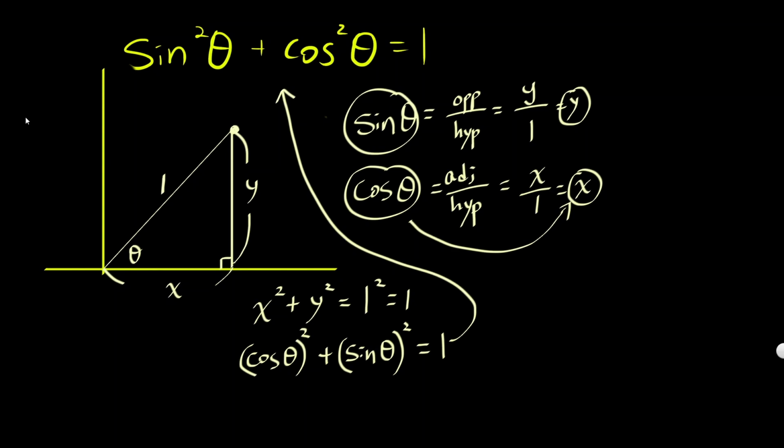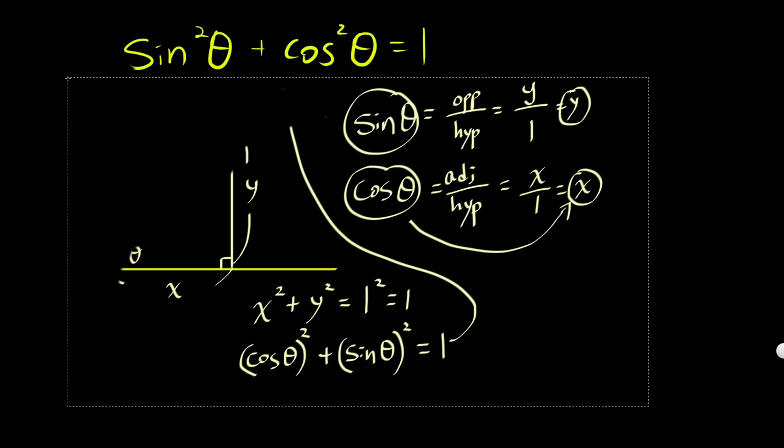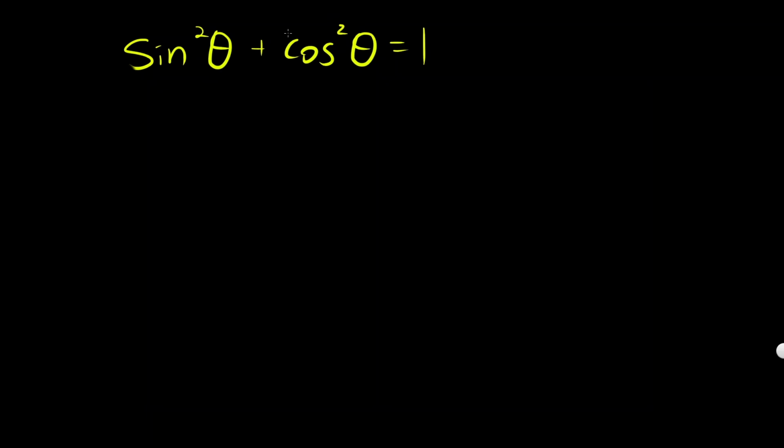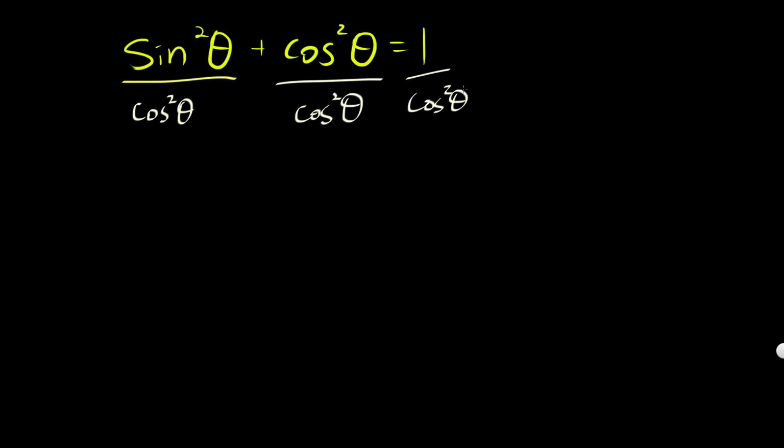Now, let's derive the other two forms of the Pythagorean identity. Let's divide all the terms by, what do we want to divide by first? Let's divide everything by cosine squared.